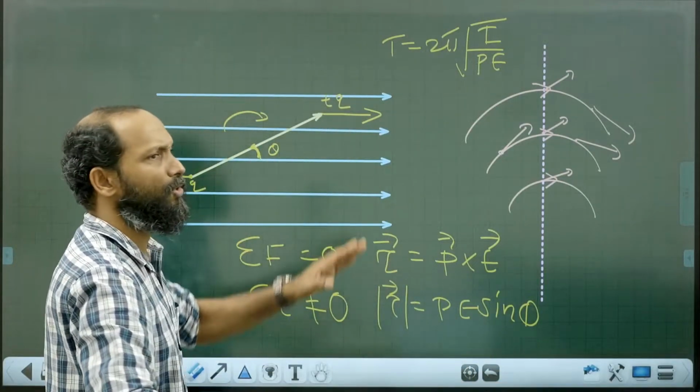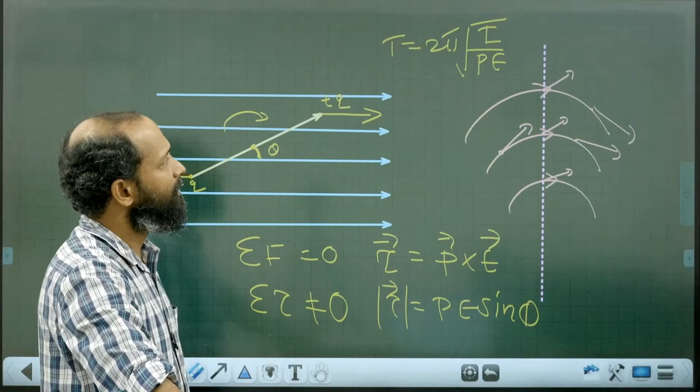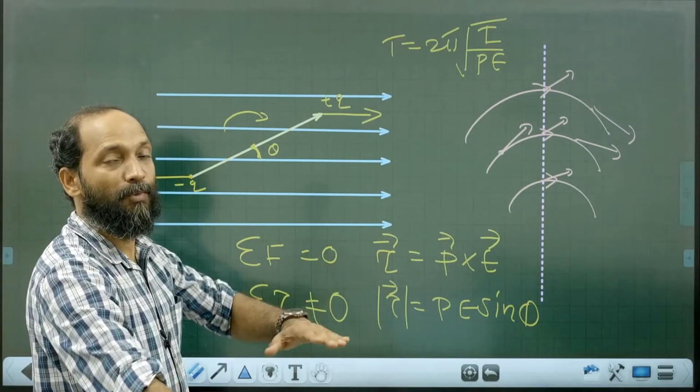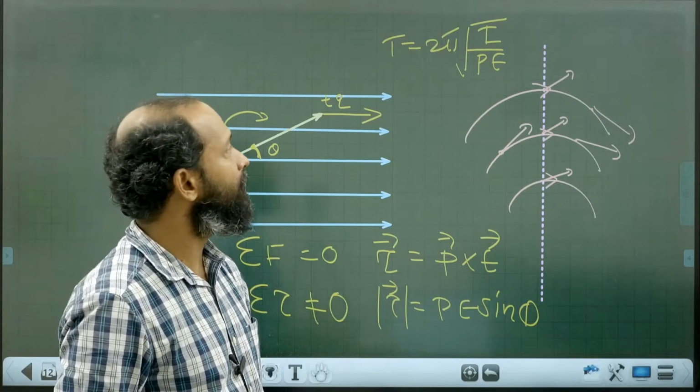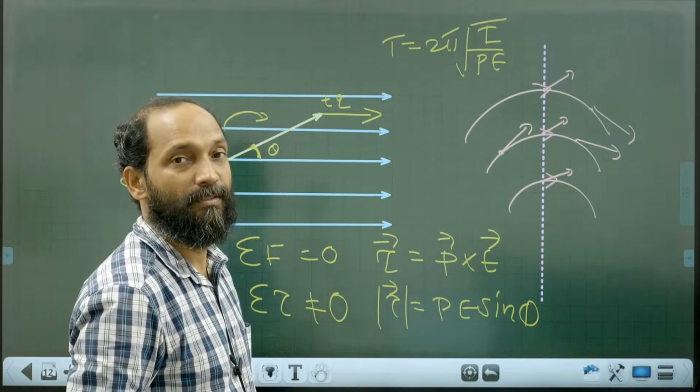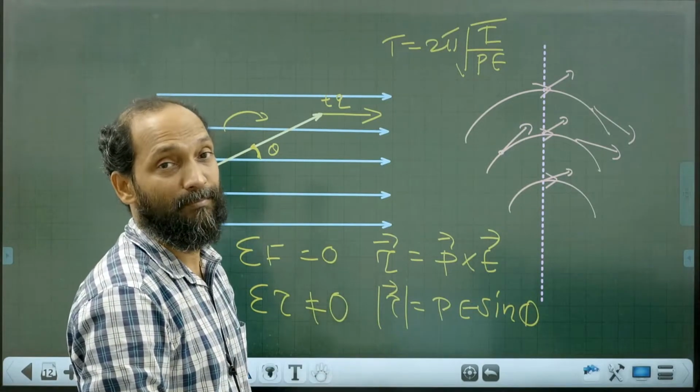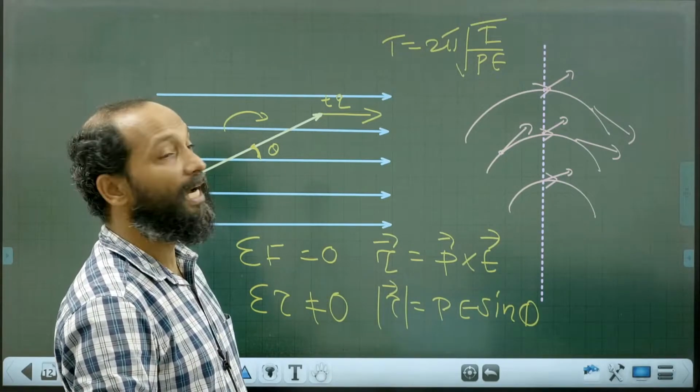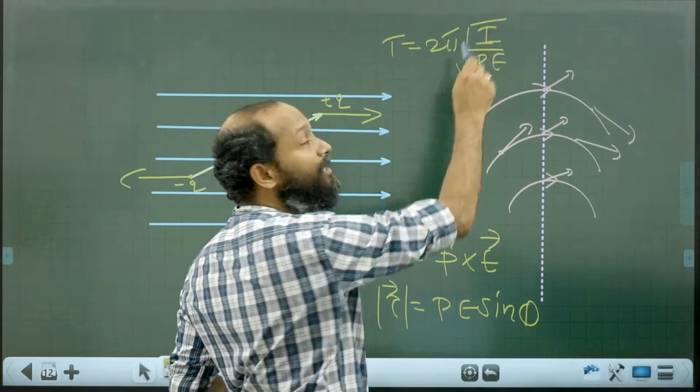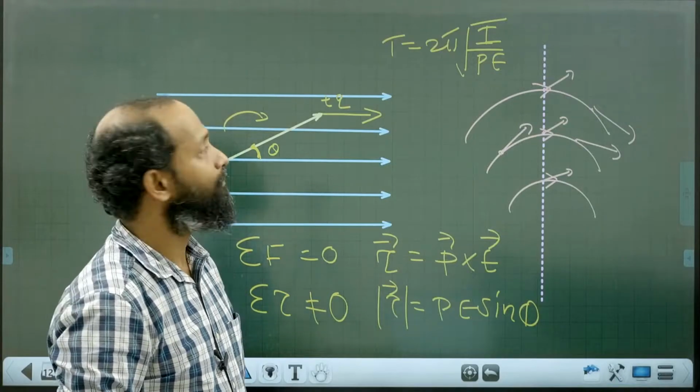Then the time period of small oscillations of a dipole when disturbed from stable equilibrium. Theta 0 is called stable equilibrium. Then it will oscillate, for small oscillations about the stable equilibrium configuration, with simple harmonic motion, time period 2 pi root I by P E, where I is the moment of inertia of the dipole.